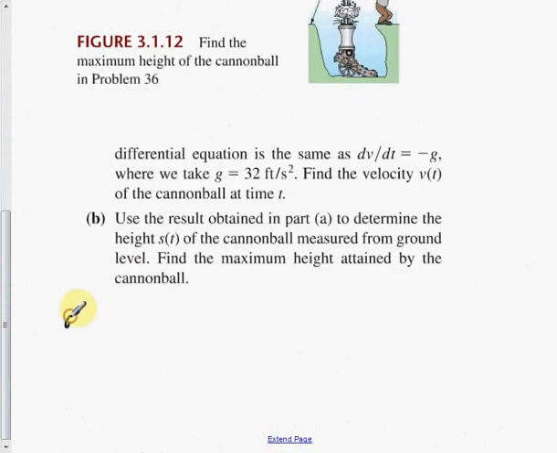So we start with this: dv over dt is equal to negative 32. Just separate the variables, so we get dv equal to negative 32 dt.